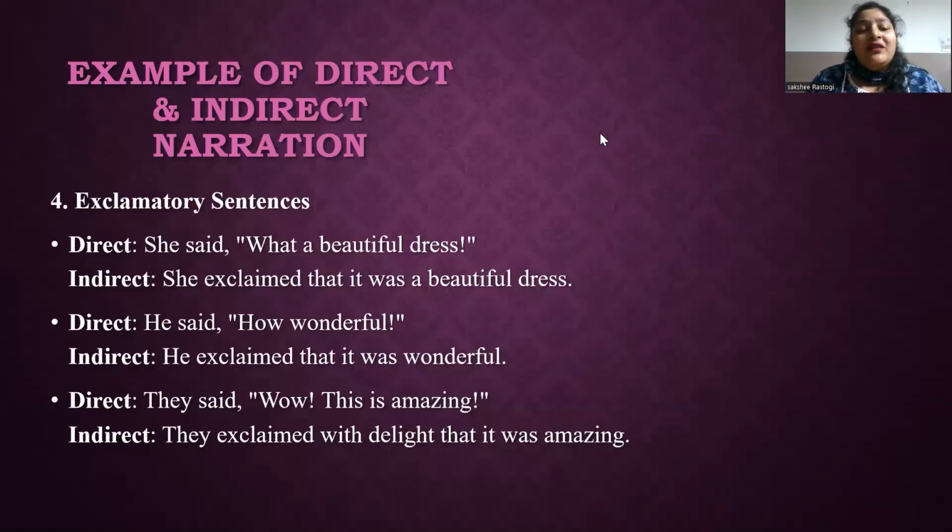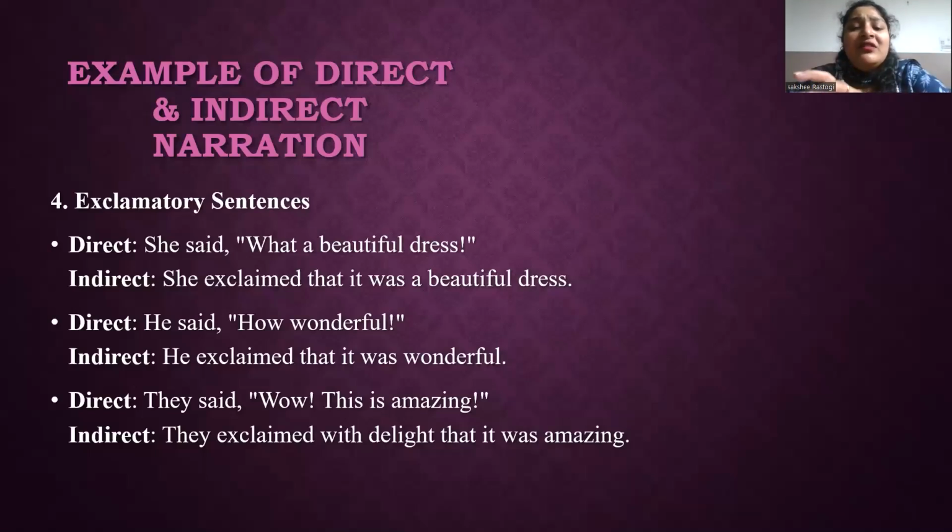In exclamatory sentences, if you are using the reporting verb exclaim, cry, or shout, the sentence remains in the exclamatory form. In direct, I'm just using, "What a beautiful sunset!" she exclaimed. So you are just using the exclamation mark after sunset. In indirect, she exclaimed at what a beautiful sunset it was.